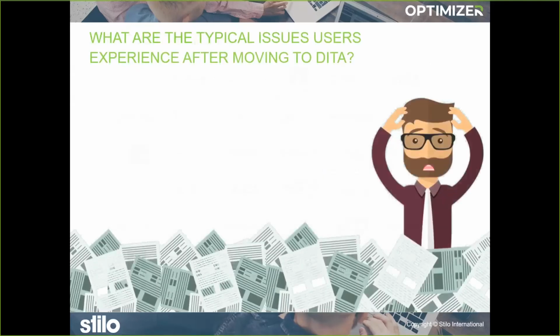And so to start, let's ask, what are the typical issues experienced after moving to DITA? Well, first, users will need to start eyeballing each and every reuse opportunity because they don't have an automated way to do so. And this could quickly become a painstaking exercise.